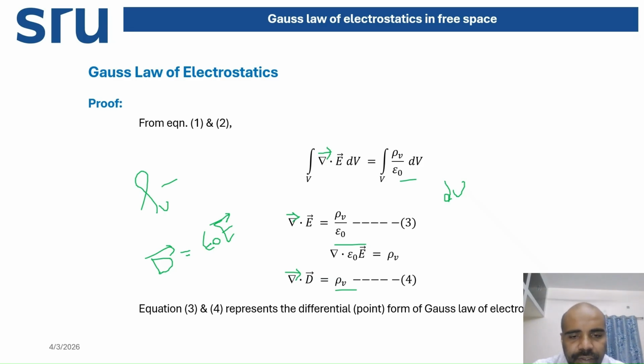So we can replace epsilon naught E by D, the electric flux density, so divergence D equals rho suffix v. These equations are known as the differential form of Gauss's law of electrostatics. Now move to the next slide.